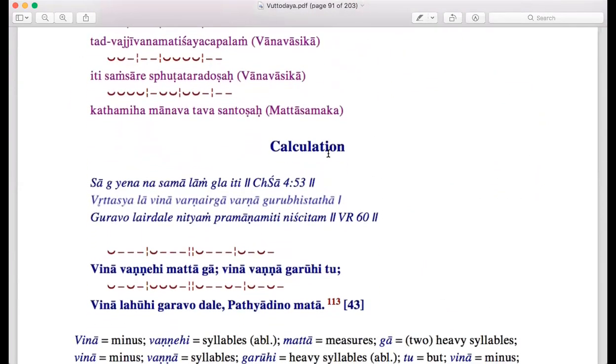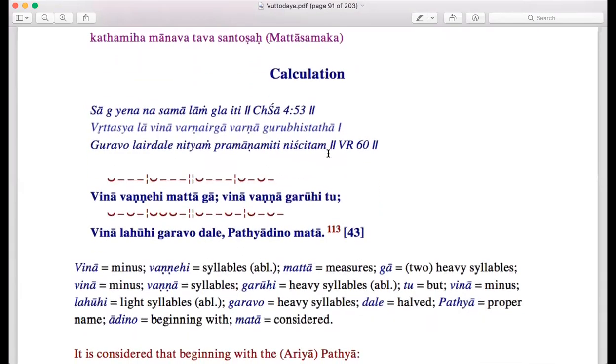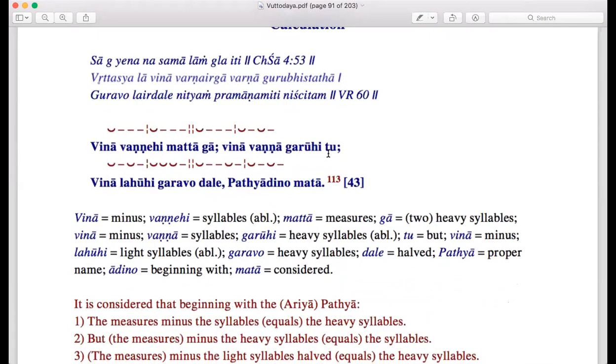The next and final verse of this section is about calculation. Vina vannehi matta ga, vina vanna garohitu, vina lahuhi garavo, dale patyadino mata. This verse has nothing to do with composing verses. Actually, this verse is not very important, but we have to learn it.